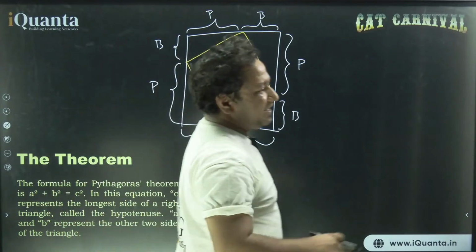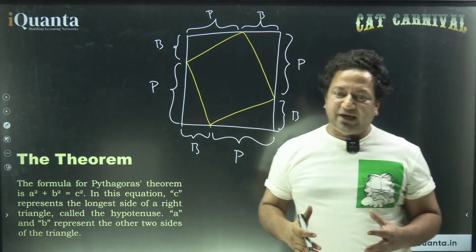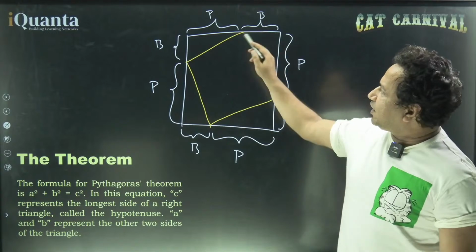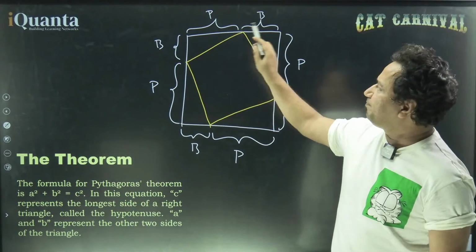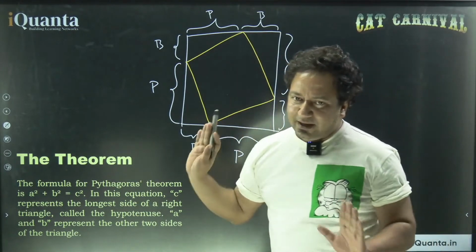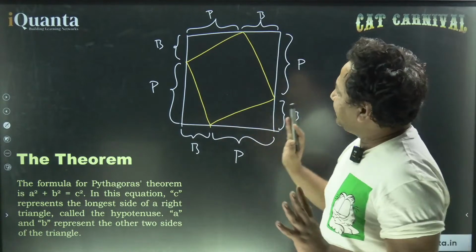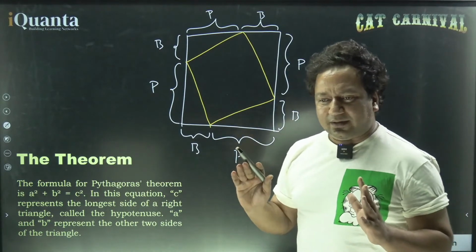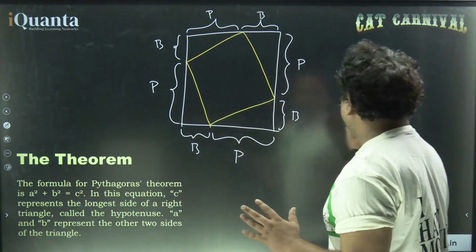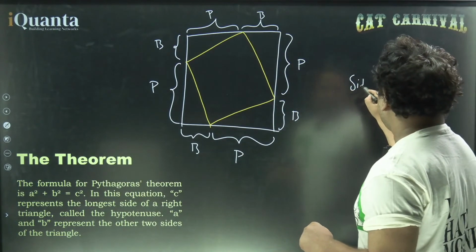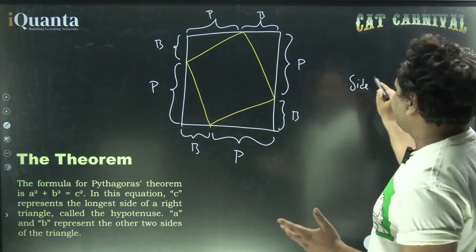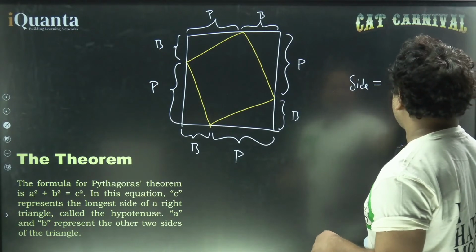So I inscribed a smaller square in such a way that the outer square gets divided into P and B. Okay? So what is the side of the larger square? Anyone? Side of larger square, what is it? That is P plus B, yes or no?